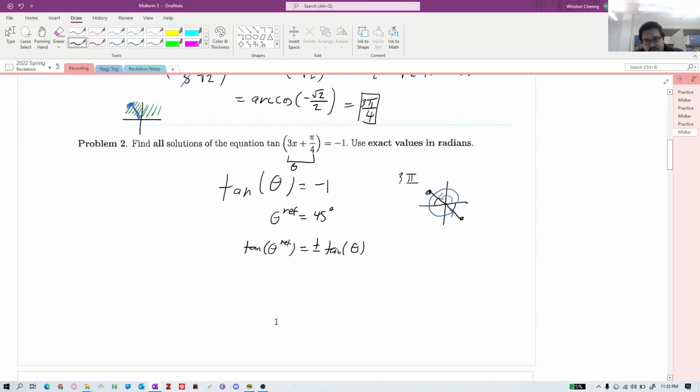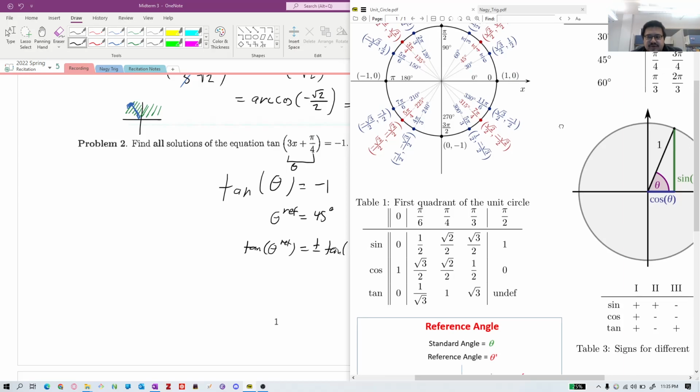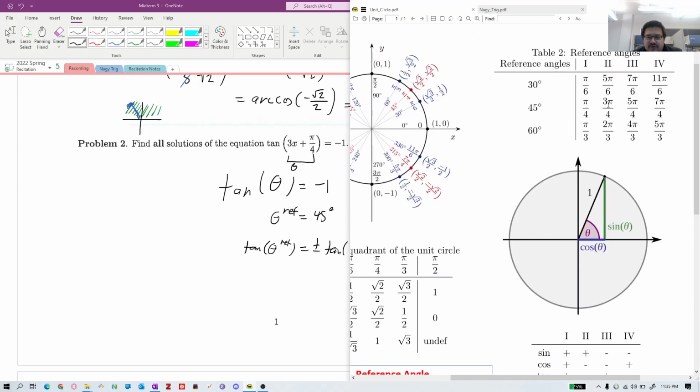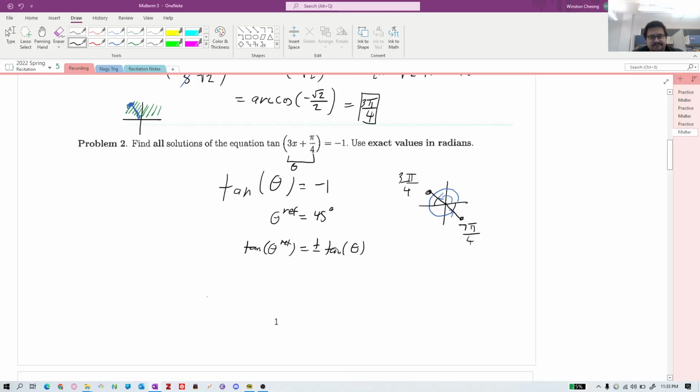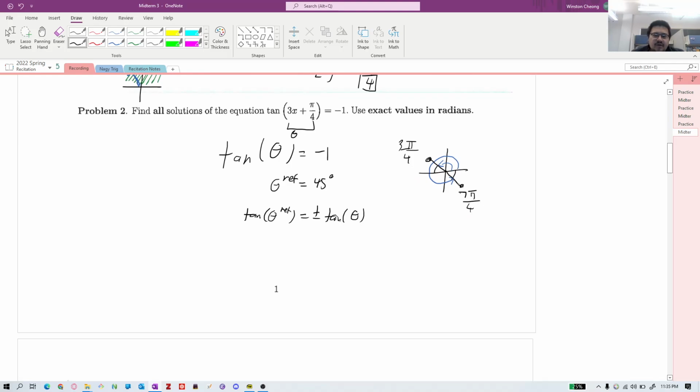So 3 pi over 4 and 7 pi over 4 would be names for these angles. You can see that over here with 3 pi over 4 and 7 pi over 4 for the second and fourth quadrants. And these names for these angles are the names in the first revolution about the unit circle.